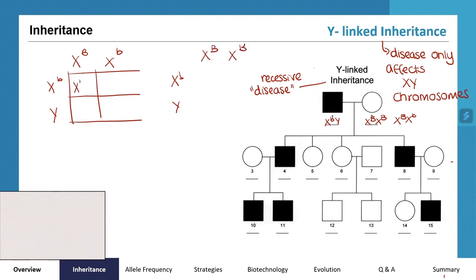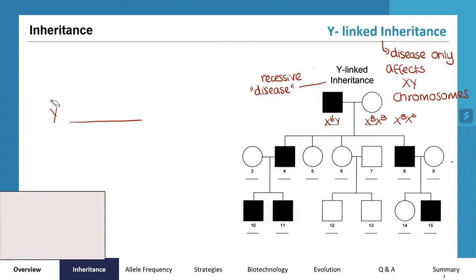Alright, so here you can see that the, oh, sorry, wait. What am I saying? The disease is on the Y gene, so it's X, Y, little b, and then this is just XX.